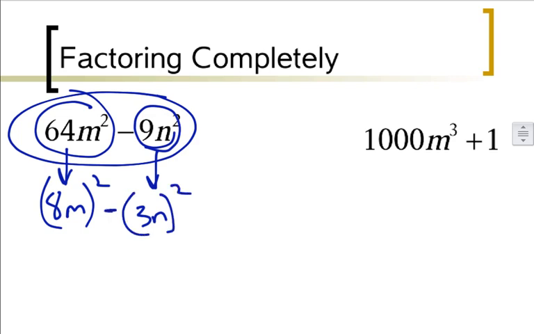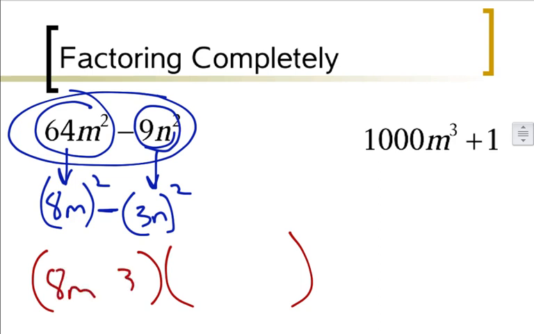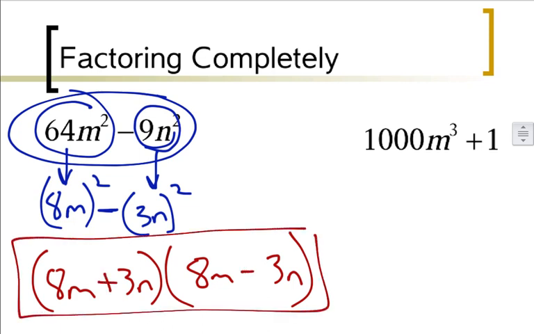Because there's a minus sign in the middle, I get to use the difference of squares formula, which is, if you recall, you write the 2 numbers in parentheses, 8m and 3n, 8m, 3n, and then in the first parentheses you put a plus sign, second parentheses you put a minus sign, and you've got your answer done.